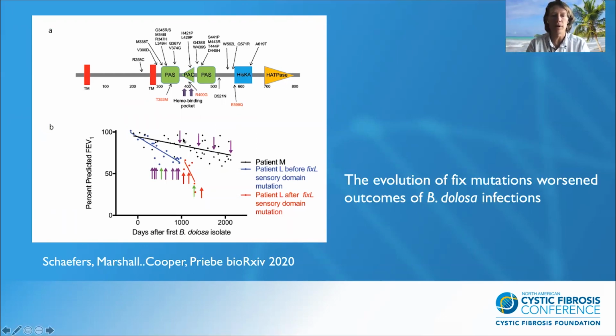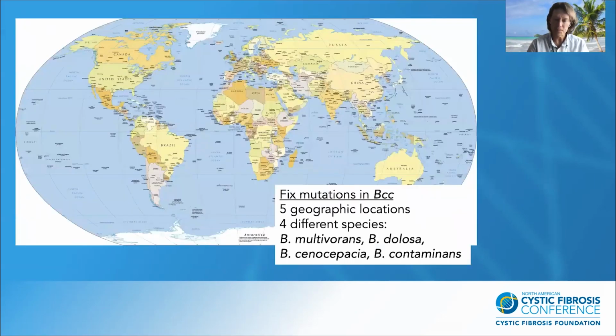So here I'm showing results from the Preby lab that patients without FIX mutations undergo a relatively steady and predictable decline in lung function with age. But when they acquire mutations in FIX, they're associated with more rapid loss of FEV after those mutations arise. So that motivates the hypothesis that maybe these increase virulence.